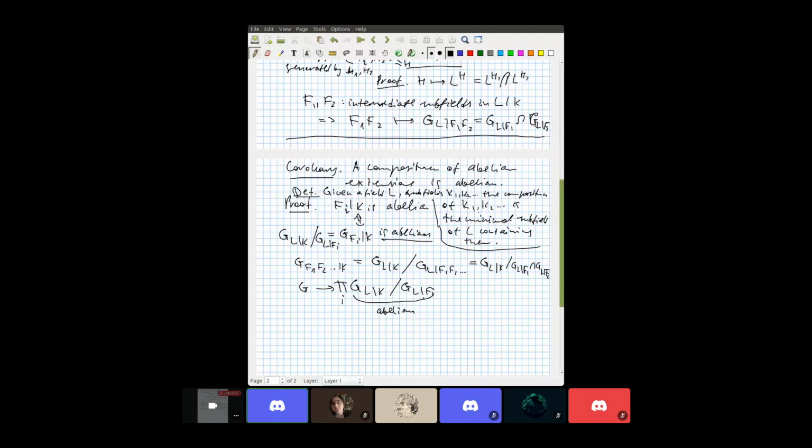So the product is also abelian, and this is actually an embedding, and this is a surjection. So you see that our group is embedded into an abelian group, and therefore it is abelian itself. F2 is abelian over K.